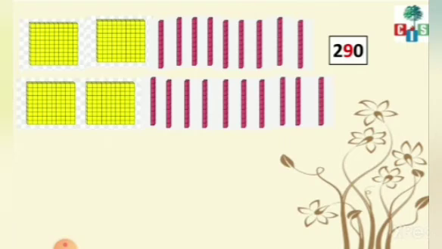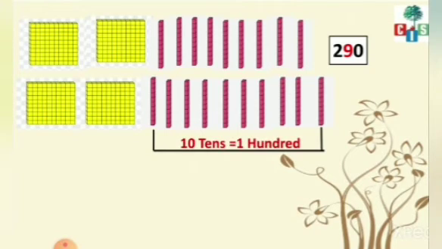But we cannot write 10 in the place value of tens, right? So here we have 10 blocks of tens. That means 10 tens equals 100. I repeat, 10 tens equals 100.